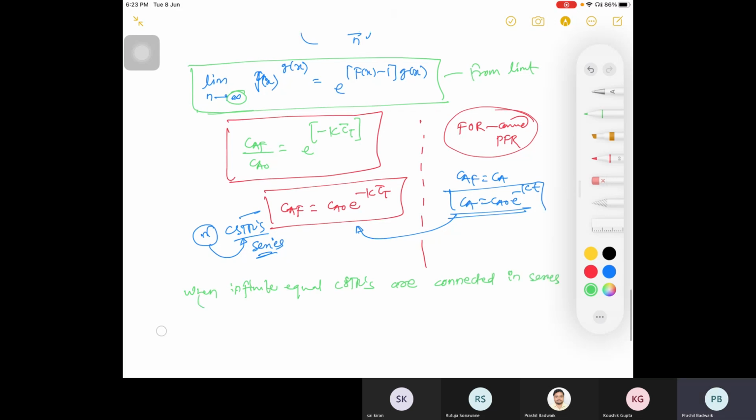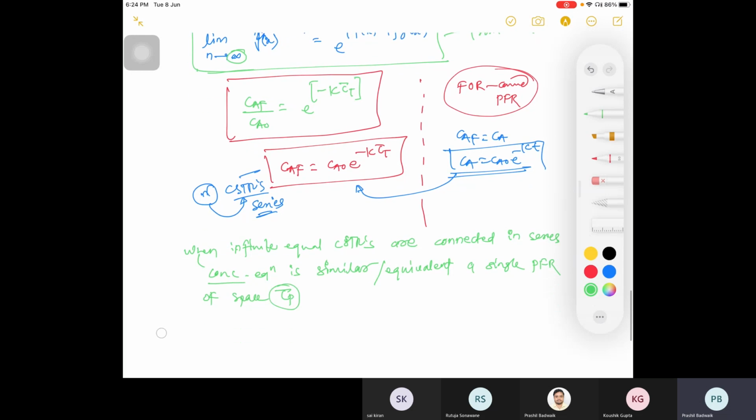Then the concentration equation is similar to, or it is equivalent to, a single PFR of space time tau p, and tau p is equal to what here?